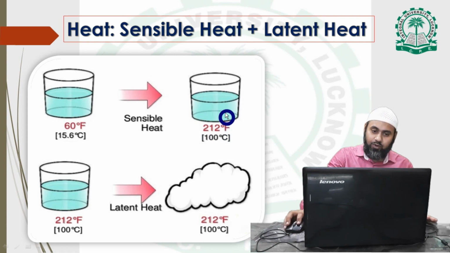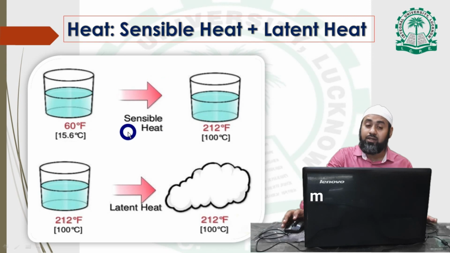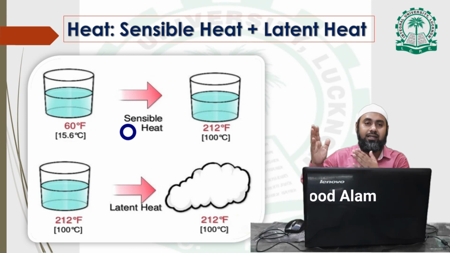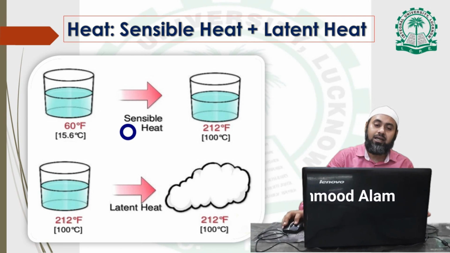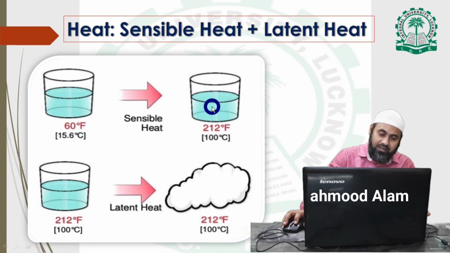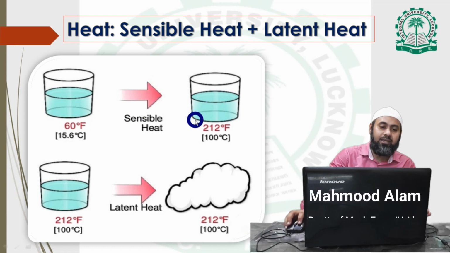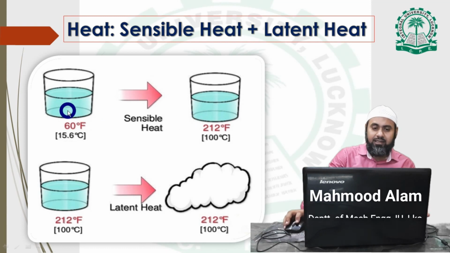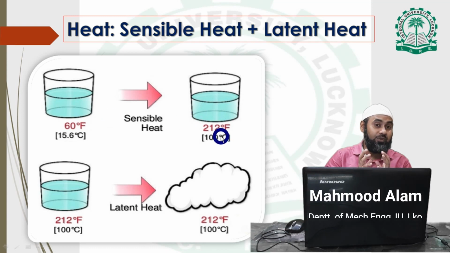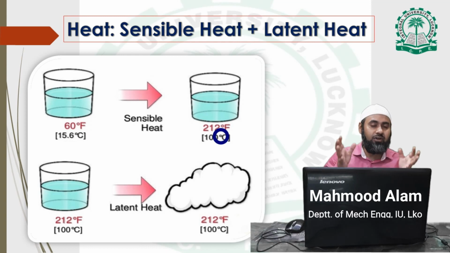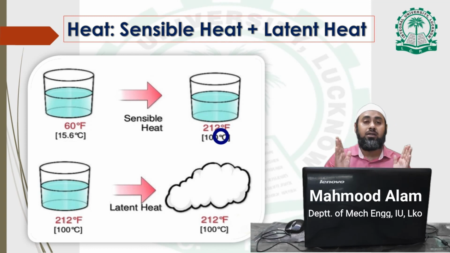So in this process, the amount of heat added is called sensible heat. It is the heat utilized to increase the temperature, or the temperature might be decreased. Suppose heat is extracted from this container, then it will be back at 60 degrees Fahrenheit. The amount of heat utilized to increase or decrease the temperature of a substance is simply called sensible heat.